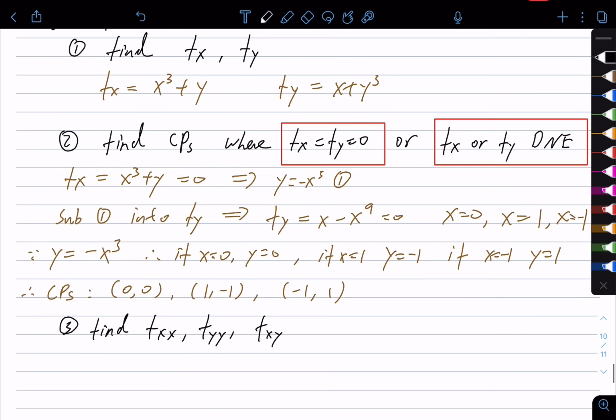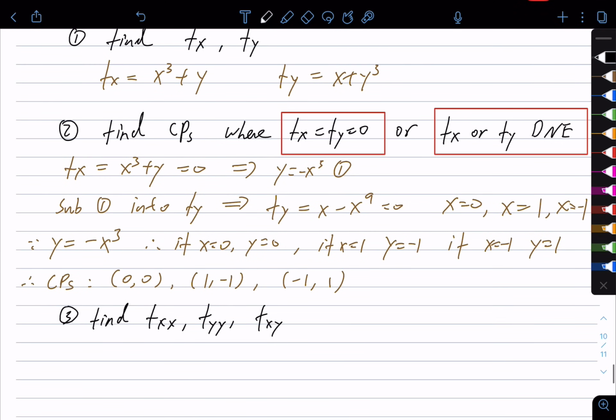Since we have fx and fy over here, our fxx equals 3x squared, fyy equals 3y squared, and fxy is going to be 1.